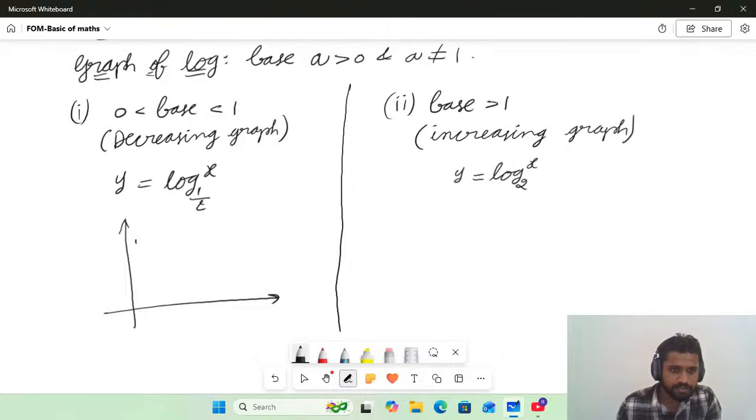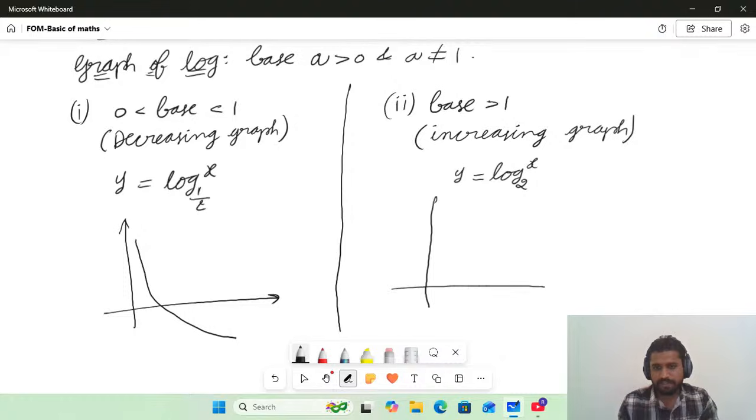logarithm with base lying between 0 and 1 will be somewhat like this. As x increases, y decreases. If the x value is increasing, the y value will be decreasing, so it is a decreasing function. If the base is greater than 1, the logarithm graph will be an increasing graph.